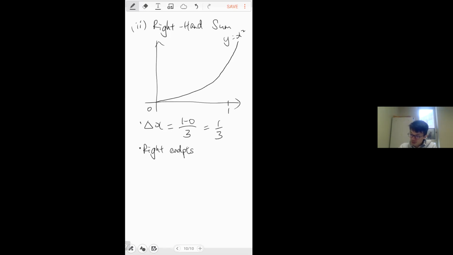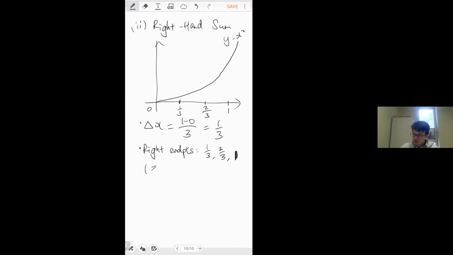So you have 0, 1/3, and 2/3. Right endpoints means I'm omitting the first point, and then you take the rest. So 1/3, 2/3, and 1. So excluding the first point, and including everything else. Make sense?